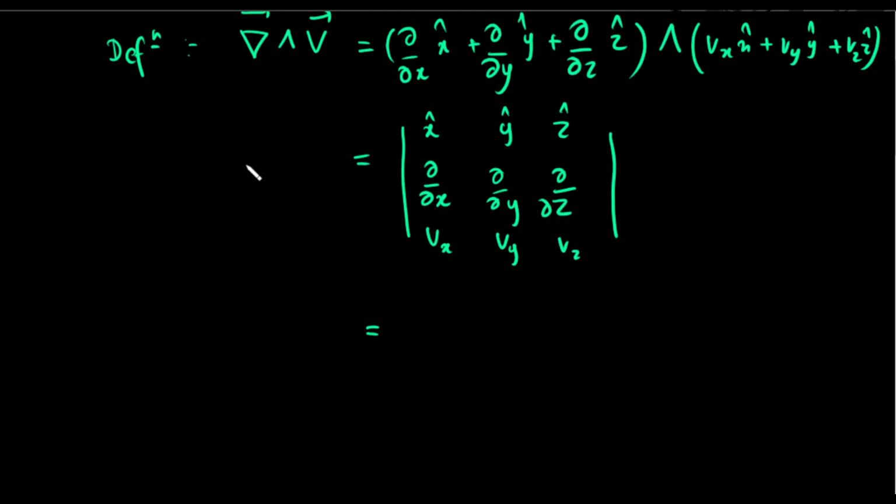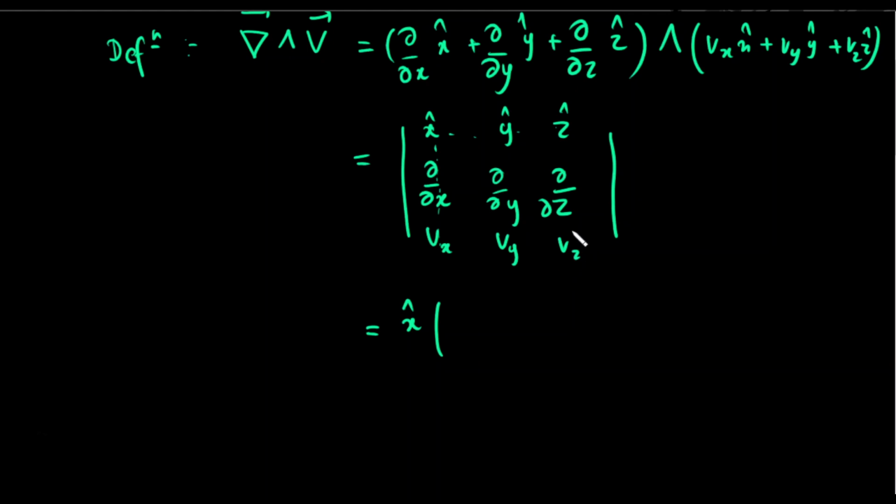When you find x hat times, you forget this column and this row. Now you have four elements: del y, del z and Vy and Vz.